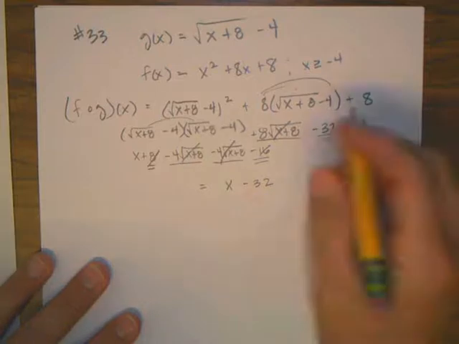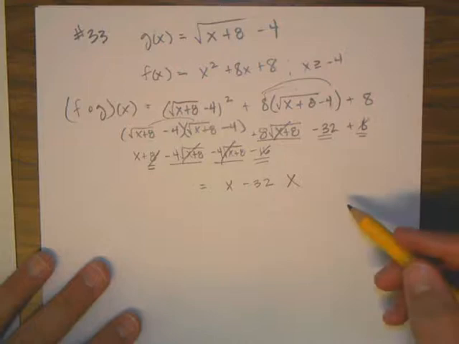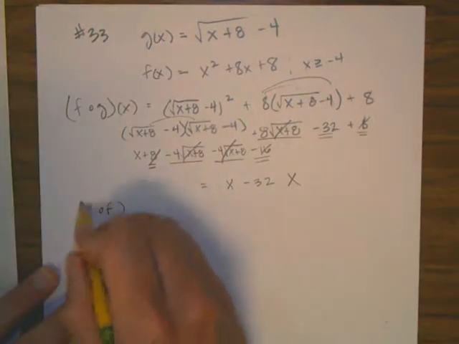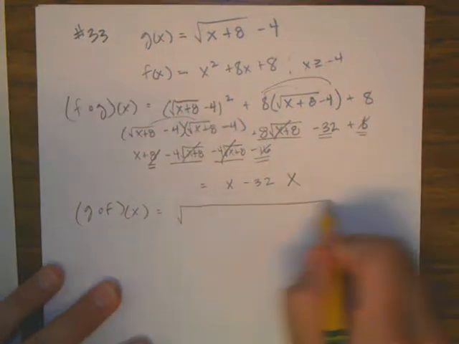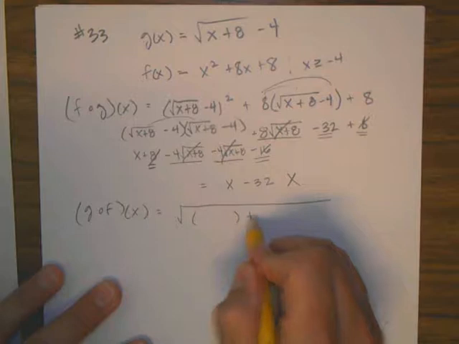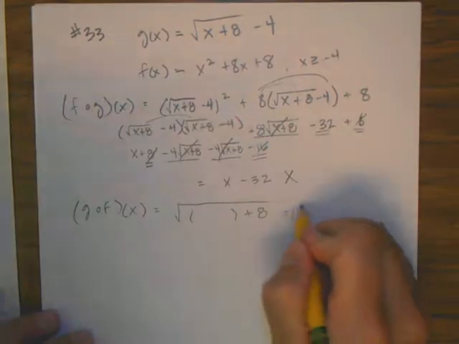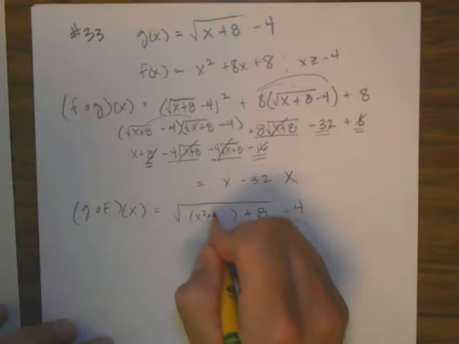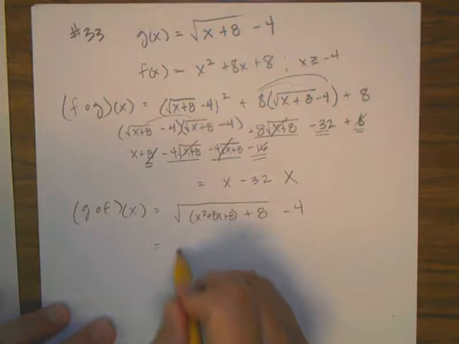We could stop right there, but I just want to show you what happens when I do g of f. Maybe it'll be a little bit simpler. So here's g, x plus 8, minus 4, and I'm going to plug in x squared plus 8x plus 8. So when I get this, I just combine like terms. x squared plus 8x plus 16 minus 4.